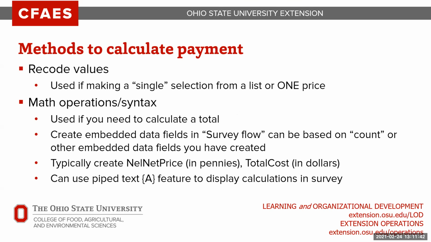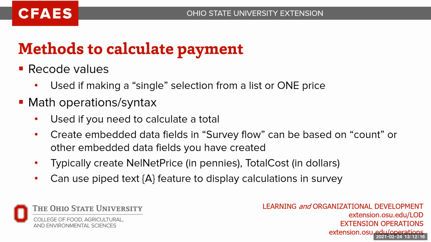For example, one of the things I'm going to show you today is the vegetable trial that's happening across the state of Ohio, where they could select different seeds or vegetables that they wanted to participate in the trial. They could select multiple, and then there was a flat $8 shipping rate. So they could select multiple items, but there was also an $8 shipping fee added on top of that. So we had to do some math to get that to calculate.